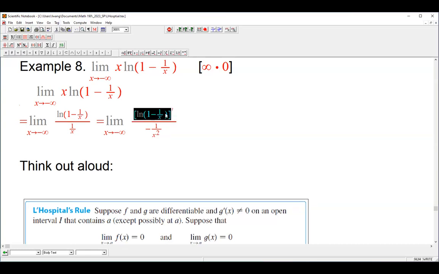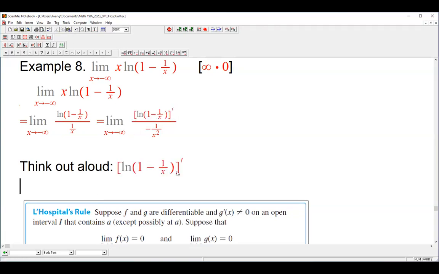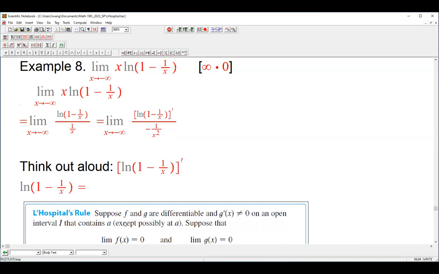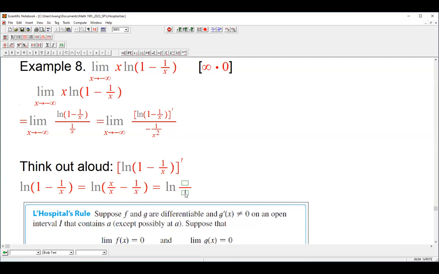First I was going to do something inside before I take the derivative, which is to make it a common denominator, right? 1 is x over x, subtracting 1 over x. So this piece will give us ln, denominator x, numerator x minus 1.